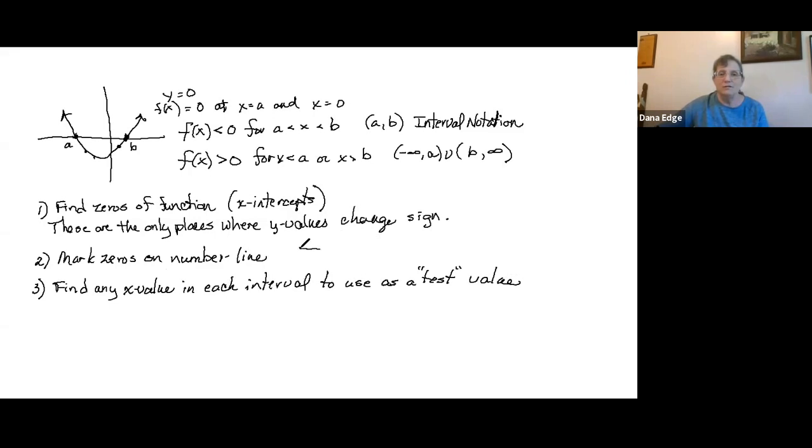If we mark our zeros on a number line, and the zeros in this case, we were just calling A and B. So our intervals run from negative infinity to A, from A to B, and then from B to infinity. That basically takes the x-axis here and just translates it into just one line. And so we could find a test value here, let me call it T1, and a test value in here, I'm going to call it T2, and T3.